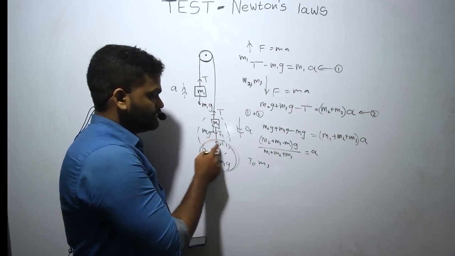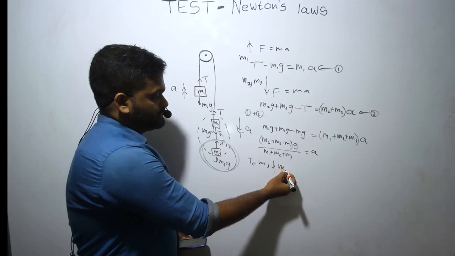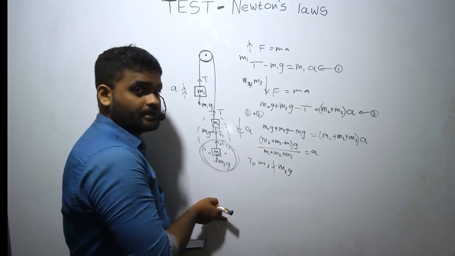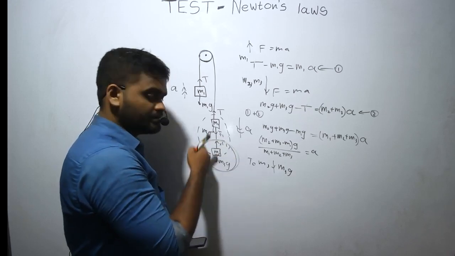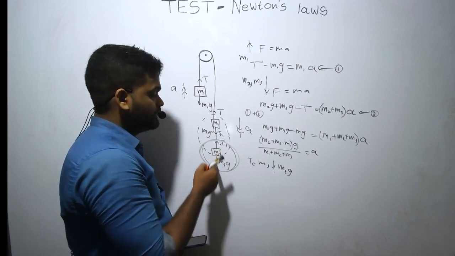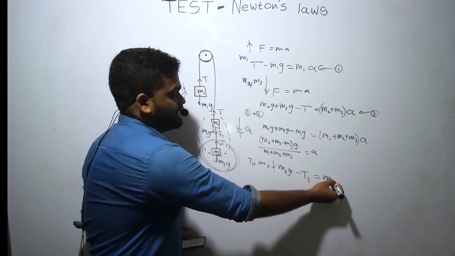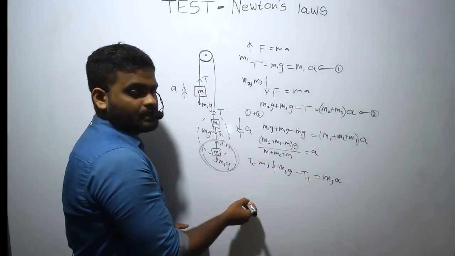So you need to apply T1. Downwards, the force is applied by Earth, that is M3G. Earth is an external object, it is not included in this system we specified. So M3G downwards minus T1 upwards equals M3 acceleration A. Here you need to find T1.